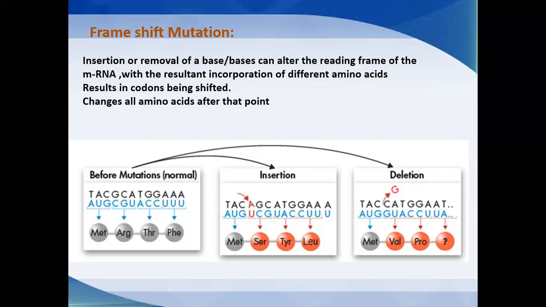For example, in this DNA molecule, a nitrogen base is inserted between two codons. After TAC, adenine is incorporated into the DNA molecule. The corresponding complementary base added in transcription is U, and the codon reading frame is different.